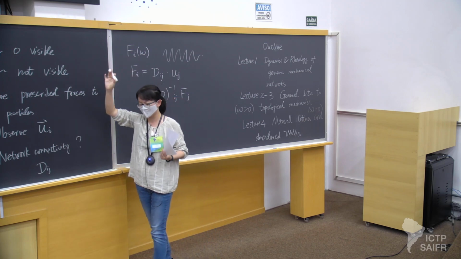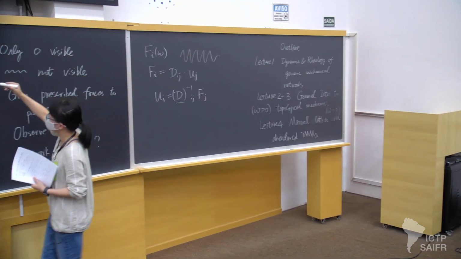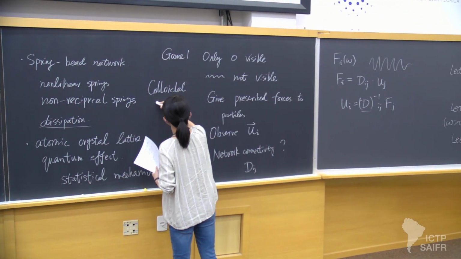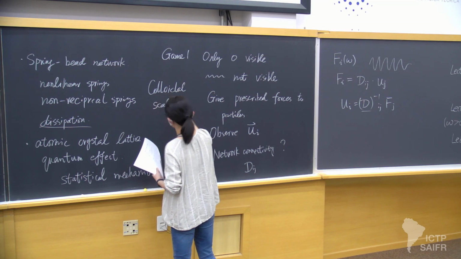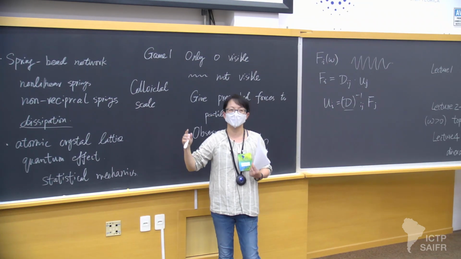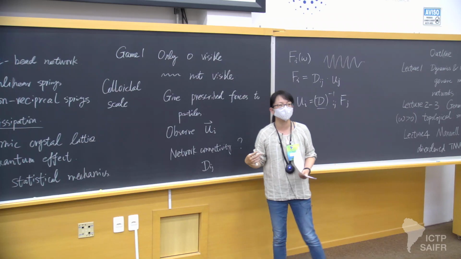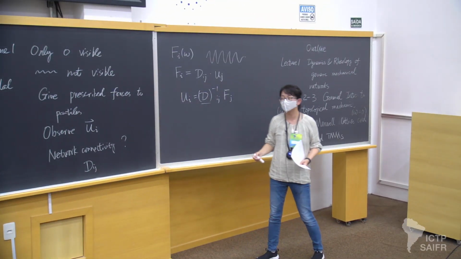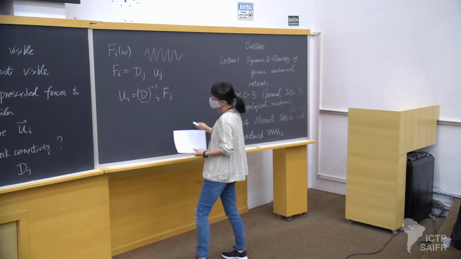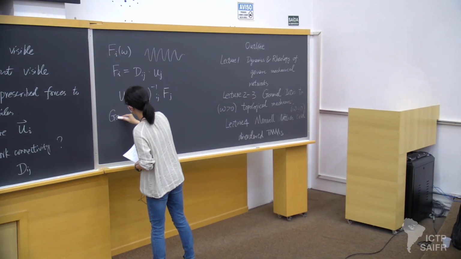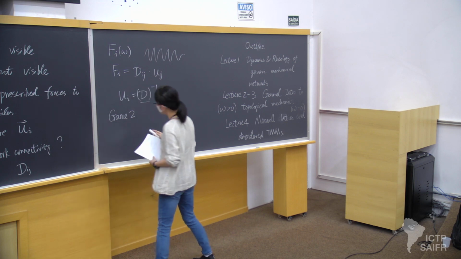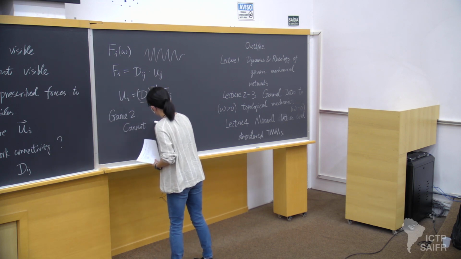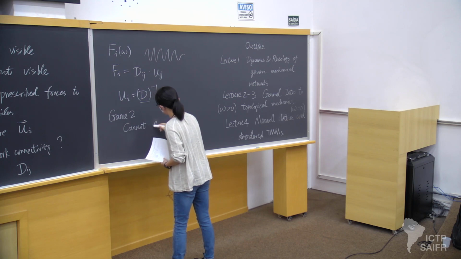So sometimes imagine you have a colloidal scale system. You have colloidal particles, and you know there are some interactions between them, but you don't know what the interactions are. You can do this type of observations. And then let's consider another game. I cannot assign forces.